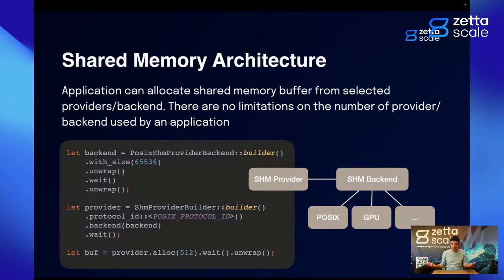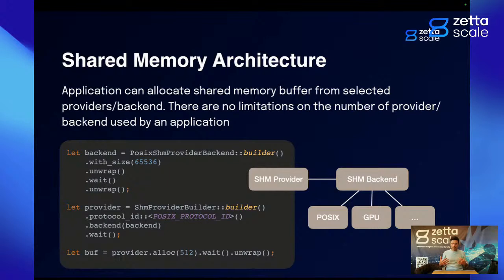Nice, because as I mentioned before, you can write a backend for a GPU, or for some custom hardware, whatever. Once you decide the backend that you want to use, then you instantiate, as you see in this code, a shared memory provider with the proper backend, and you assign a protocol ID to your shared memory. What is the role of this protocol ID?